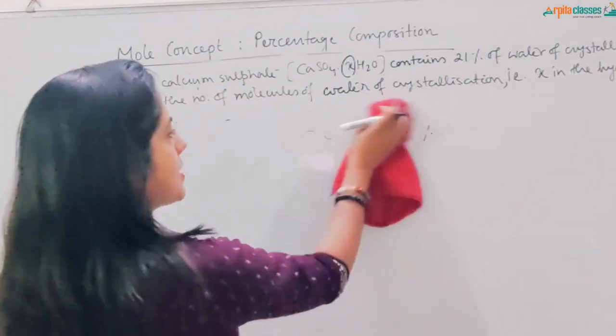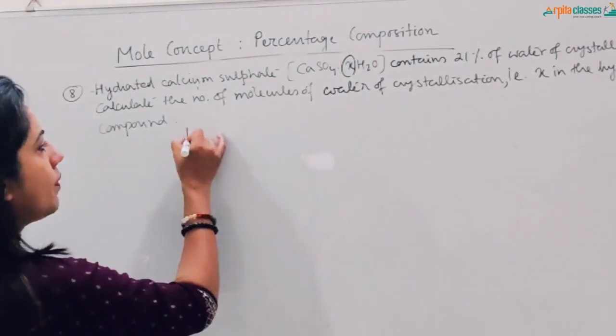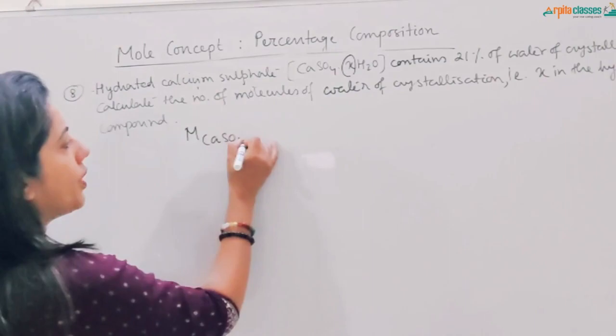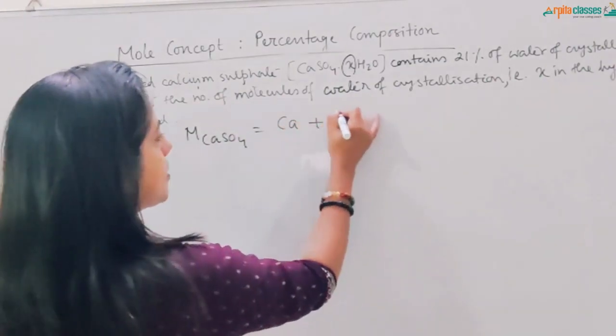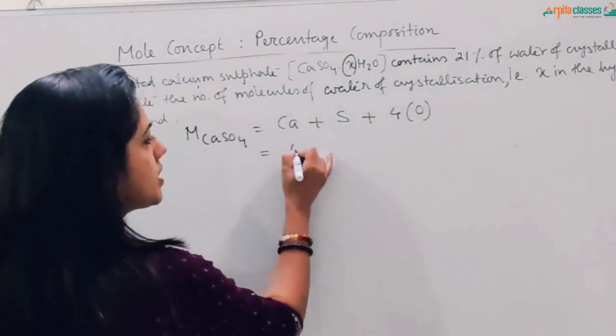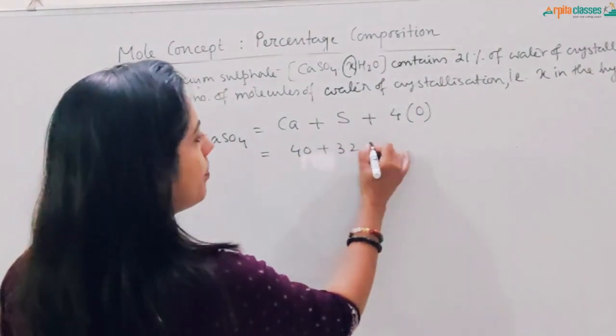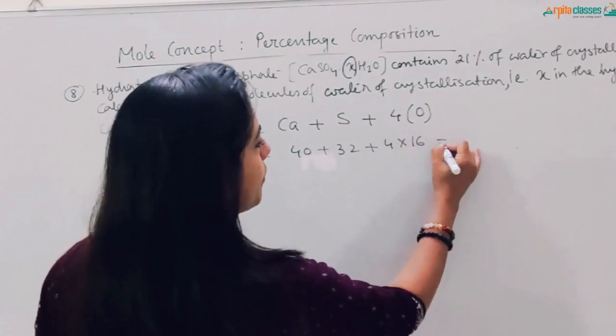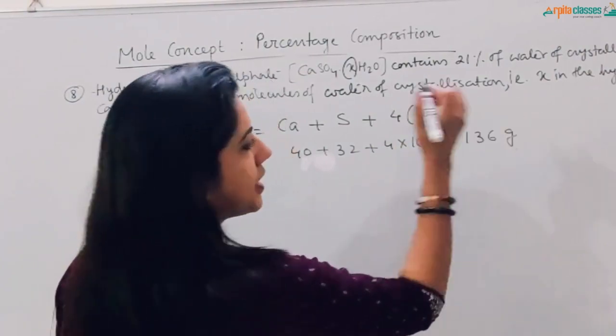So first let us find out the molecular weight of CaSO4, which is atomic weight of Ca plus atomic weight of sulfur plus 4 into atomic weight of oxygen. So this is 40 plus 32 plus 4 into 16, and if you calculate, this will come 136 gram.